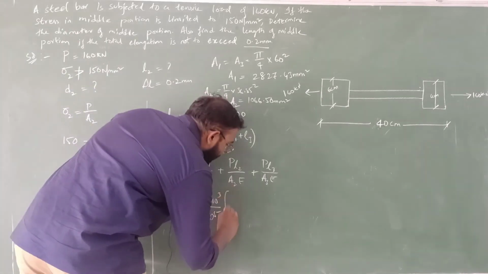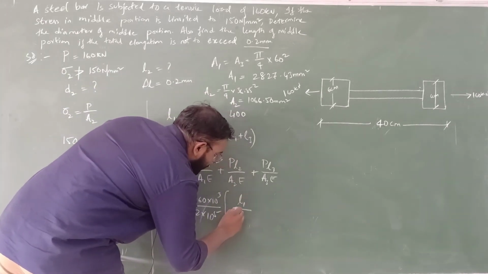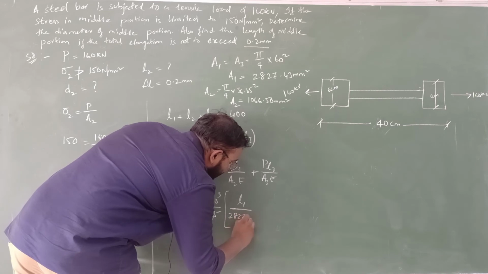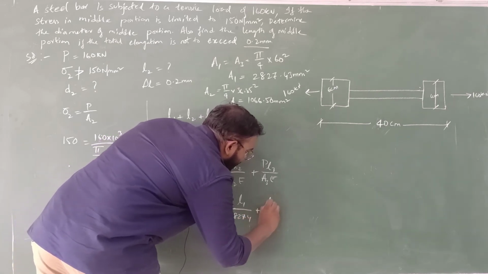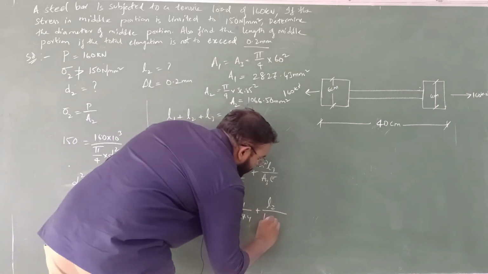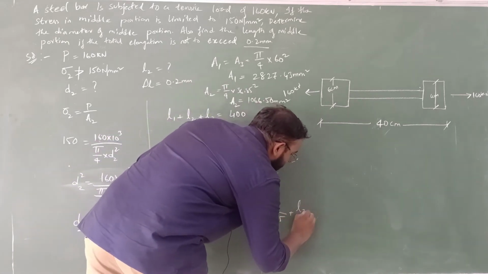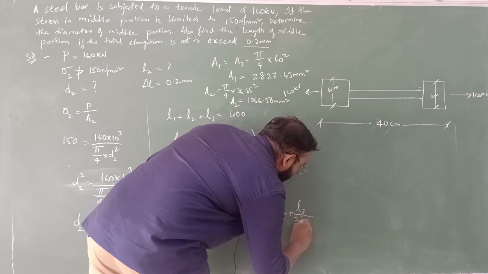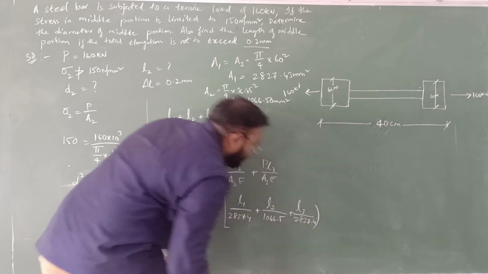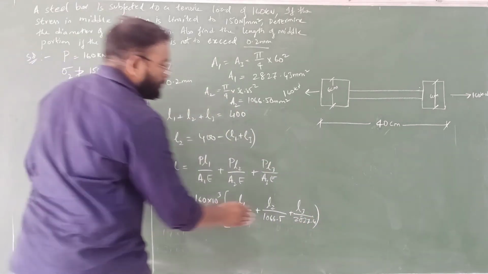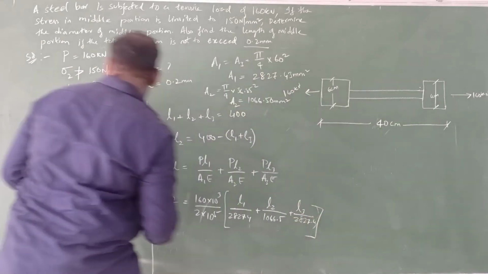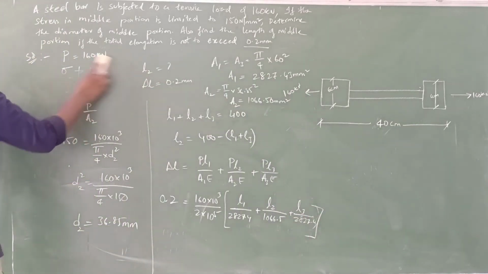Now this will be L1 by 2827.4 plus L2 by 1066.5 plus L3 by 2827.4.